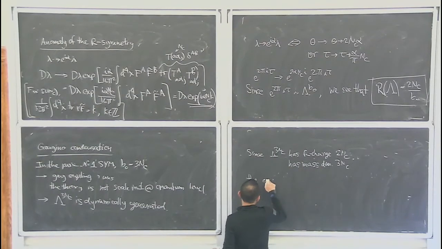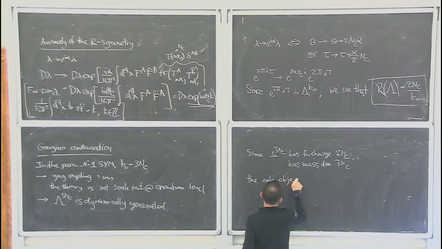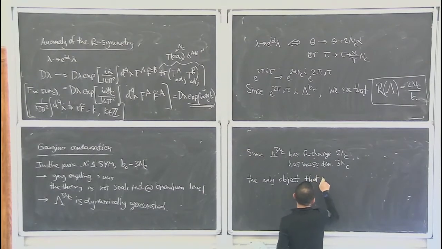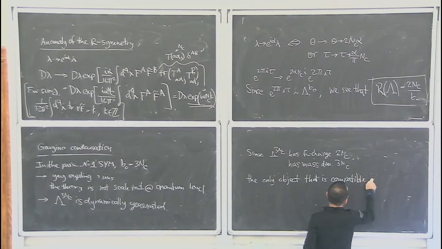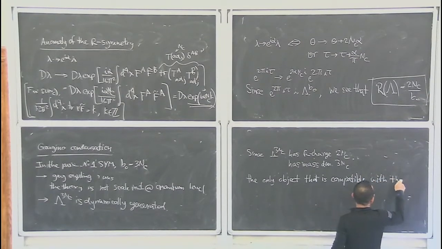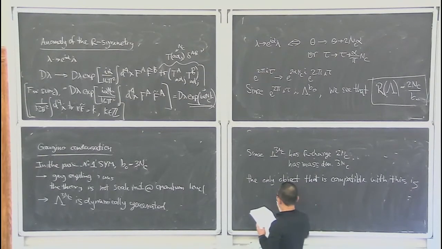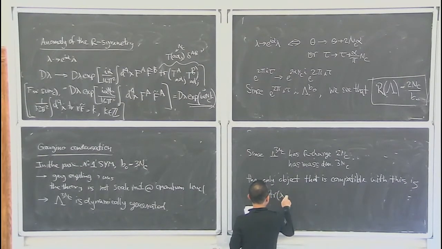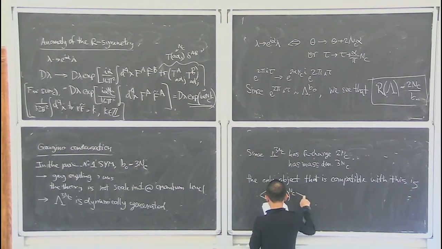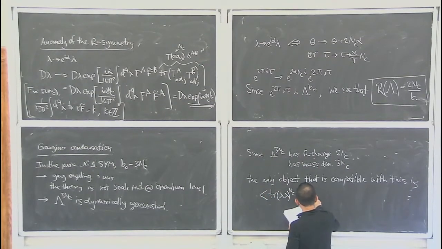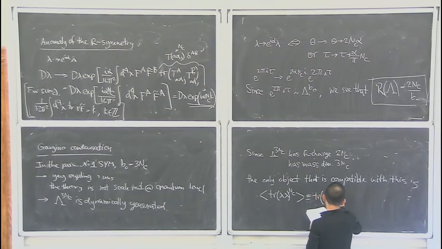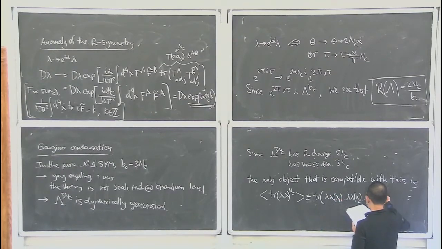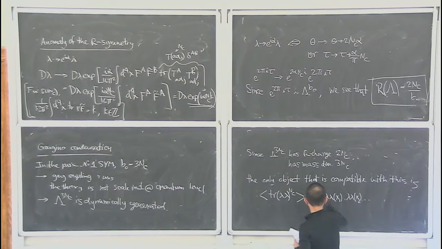The only object that is compatible with this is the expectation value of trace lambda lambda to the nc, which is defined as trace lambda lambda at x1, lambda lambda at x2, up to, no, this is not what I want.